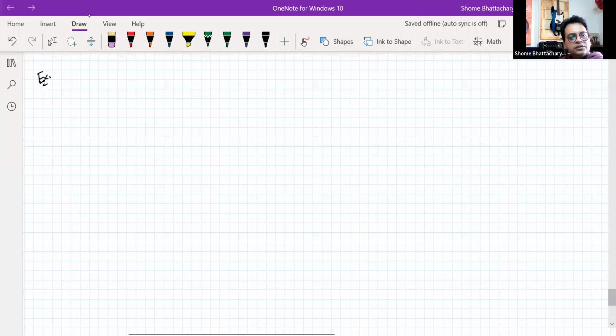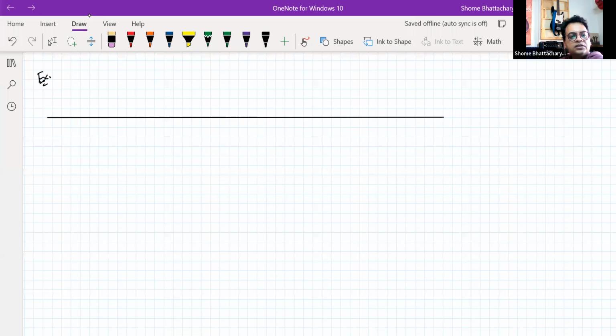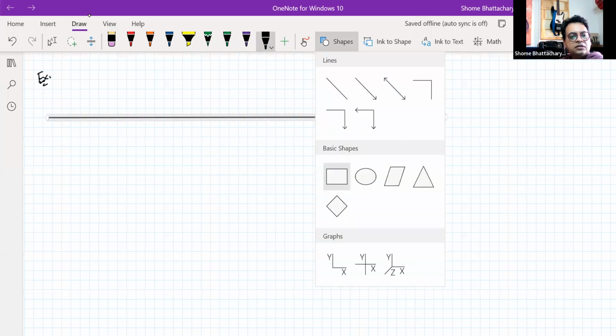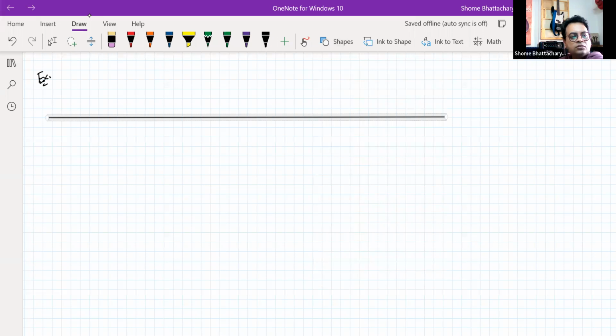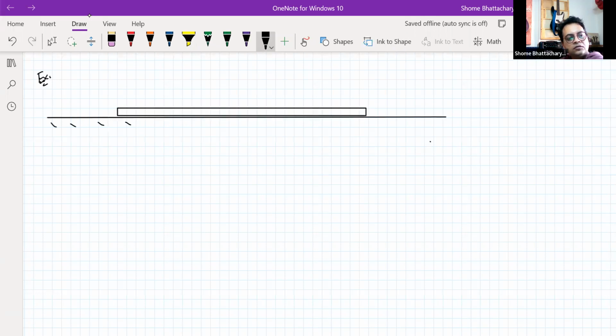So once again, we have a smooth surface, but this time on the smooth surface, we have placed a pretty long plank kind of thing. Okay. And the top surface of the plank is rough. So this is a smooth surface, but this has a coefficient of friction mu.